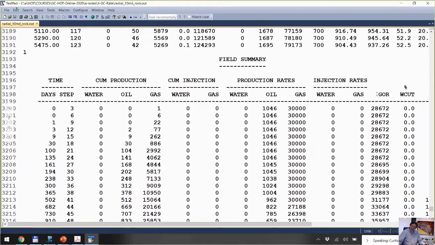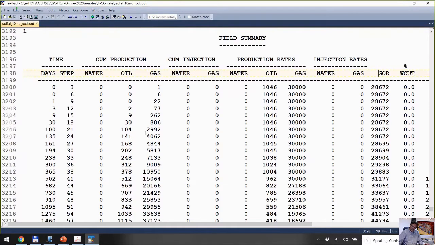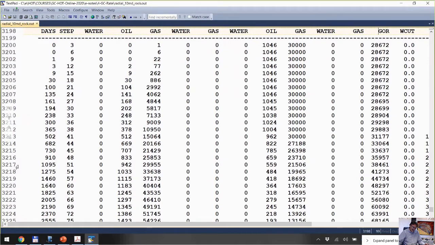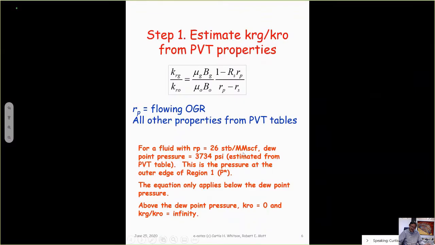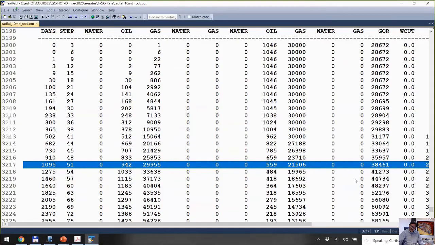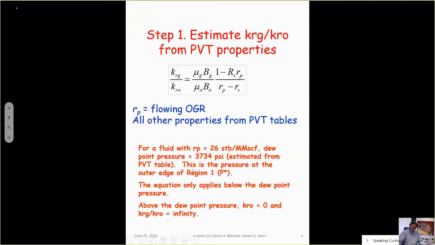So GOR at 1,095 is 38,461. Can you do the inverse of that times a million? That would be 1 divided by 38,461, which is 26 barrels per million. Okay, it comes straight from the producing oil gas ratio.